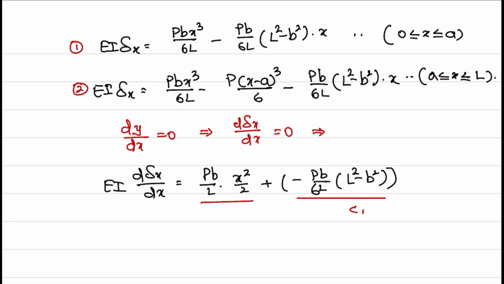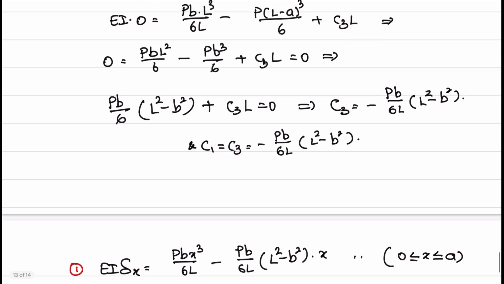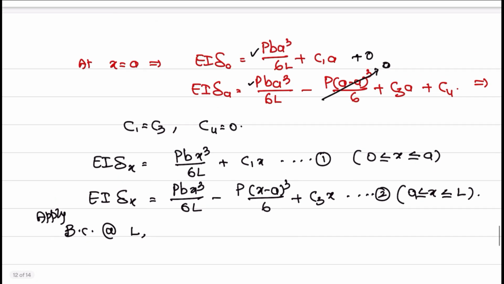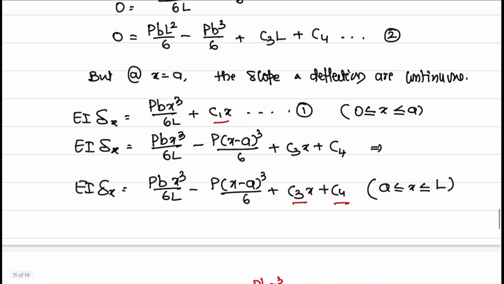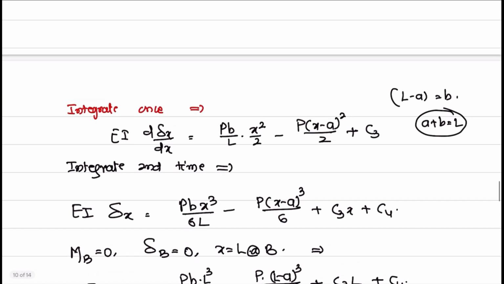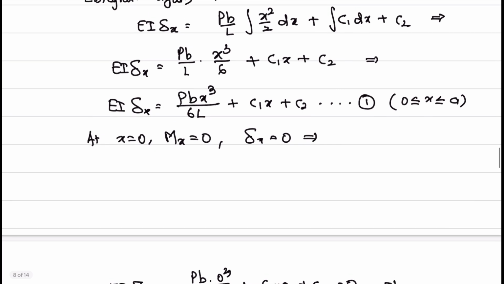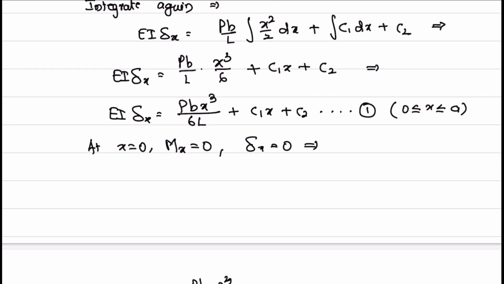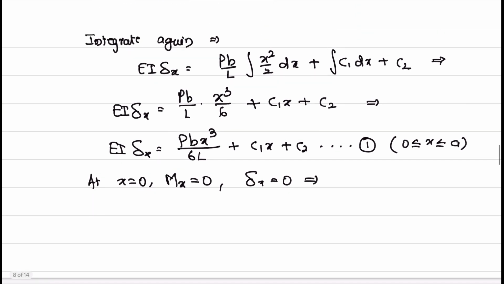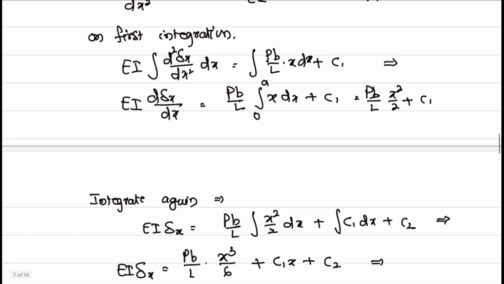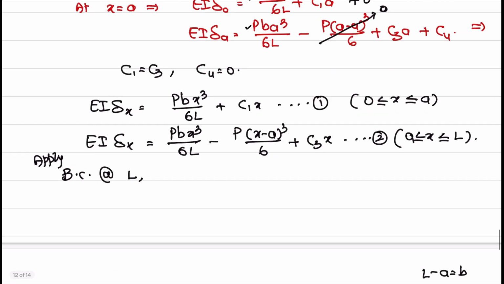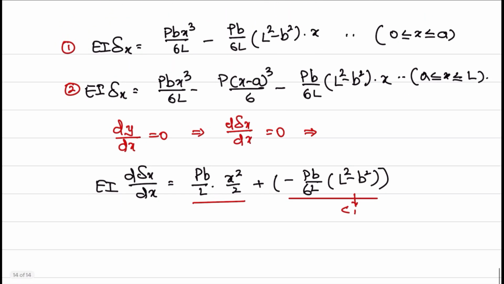Now, this value is C1. What is that? PB by L into x square by 2 into EI, first equation. Integrate first time, plus C1 only. PB by L into x square by 2 plus C1. That's what we have got.